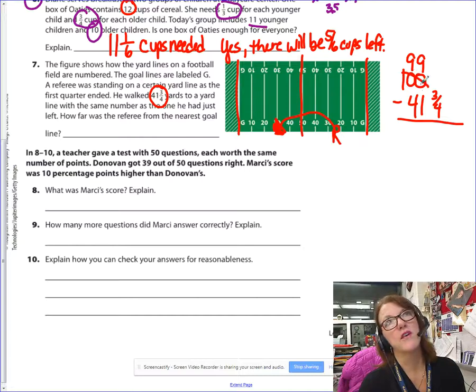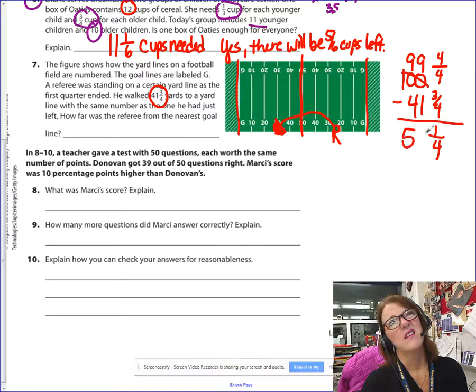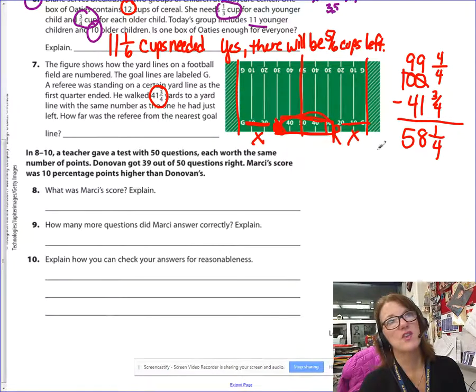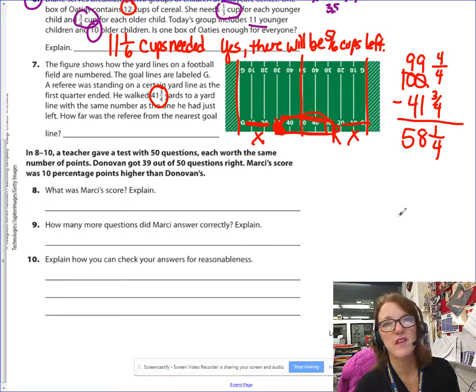So I'm going to borrow 1 from the 100 and make this 99, and then I'll have 4/4 here. Then we can subtract, okay? That gives me 58 1/4. All right, so there's 58 1/4 yards left, because this chunk from here to here is the 41 3/4.